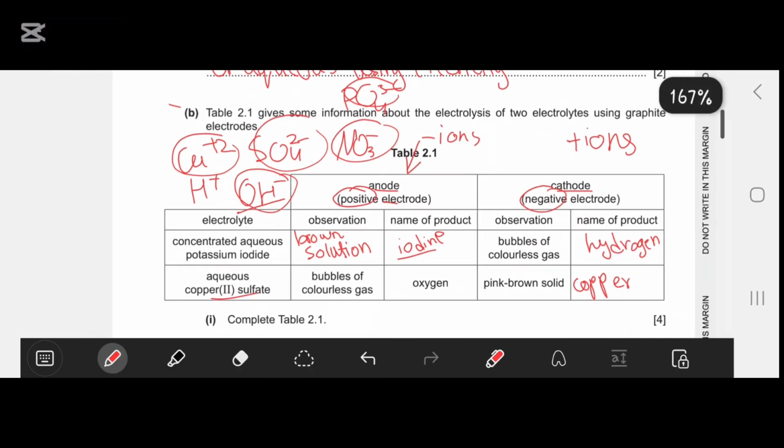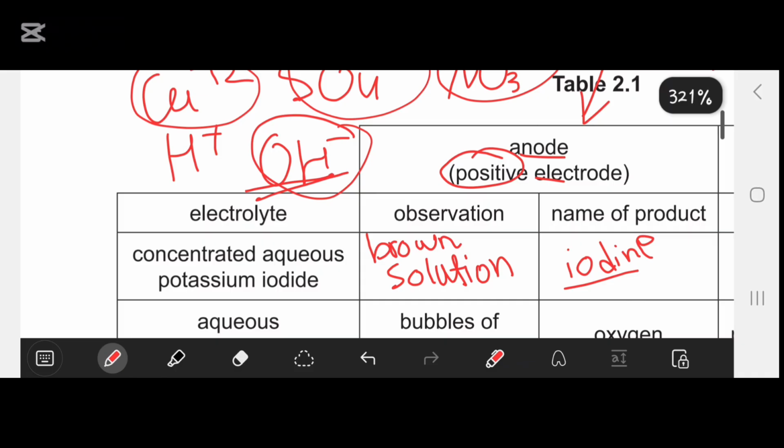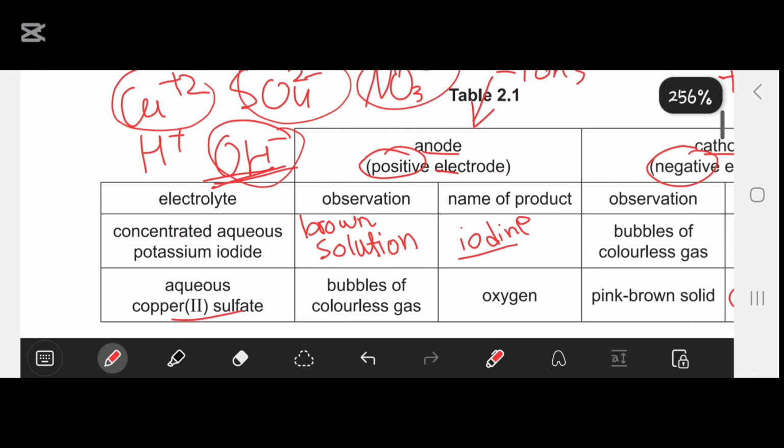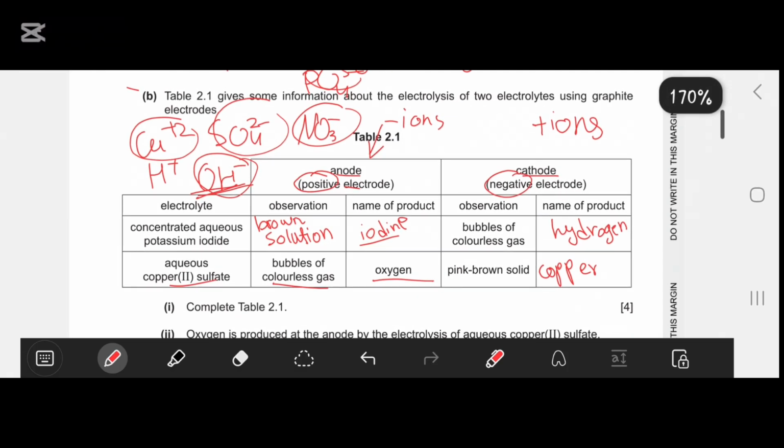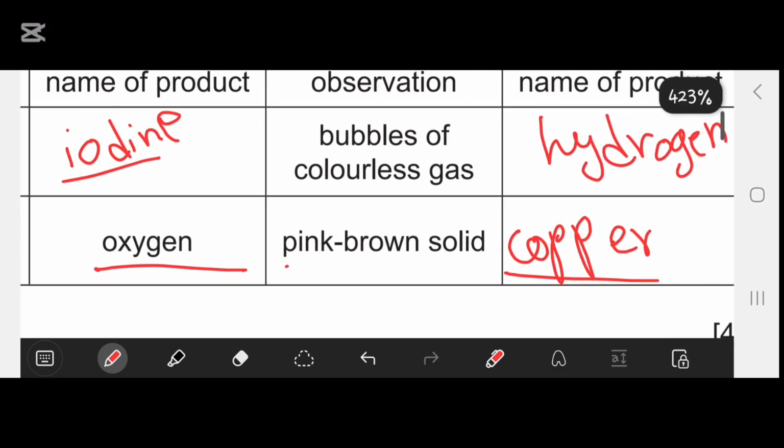We also need to remember the half ionic equation for the hydroxide, which will produce water and oxygen. It will produce oxygen. Bubbles of colorless gas are seen. Now, at the cathode, copper will be produced, which will be a solid. The color of the copper will be pink-brown.